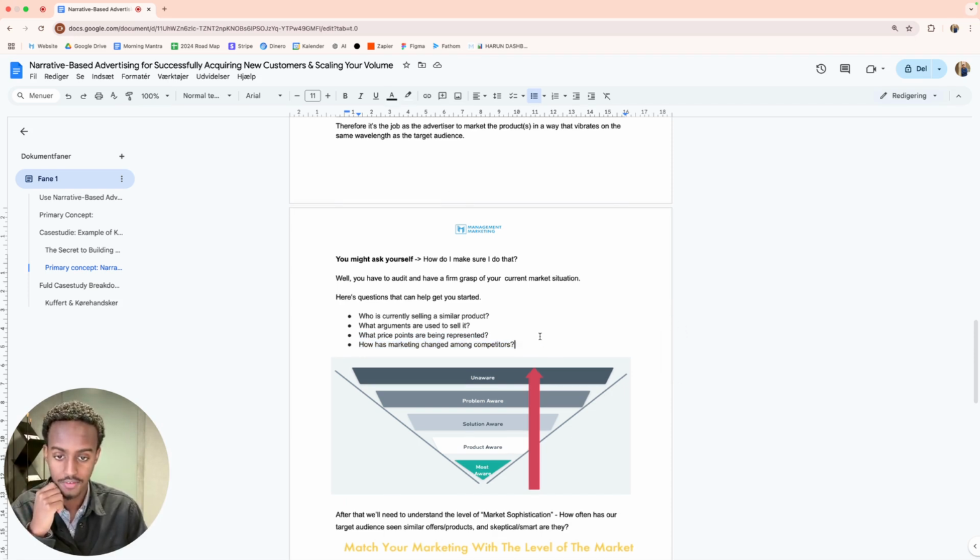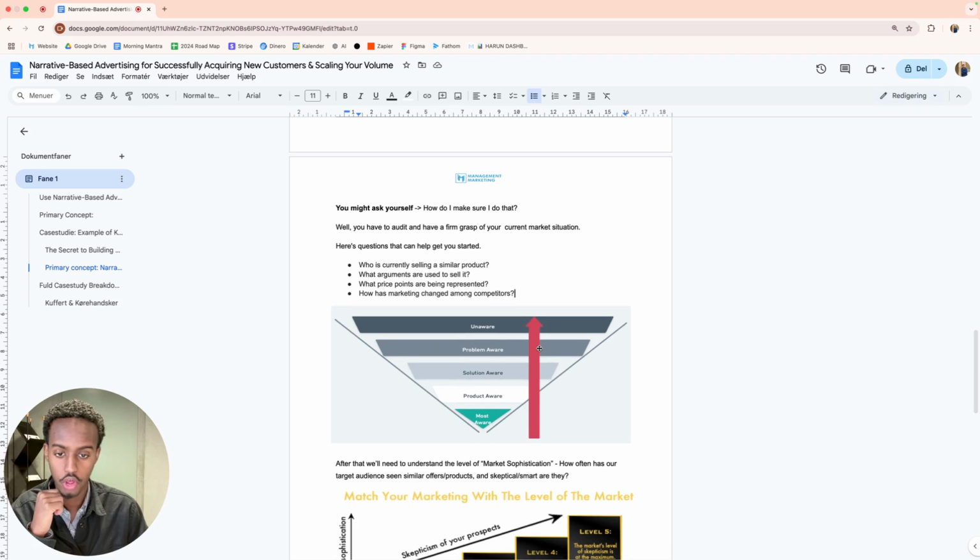Now, when you essentially have a firm grasp of your current market situation, you also have to align your advertising with the five levels of awareness, where you as an advertiser want to penetrate up, meaning that you want to essentially penetrate all that is most aware, then go up to the people who are product aware, and step by step, essentially align yourself with each awareness stage.